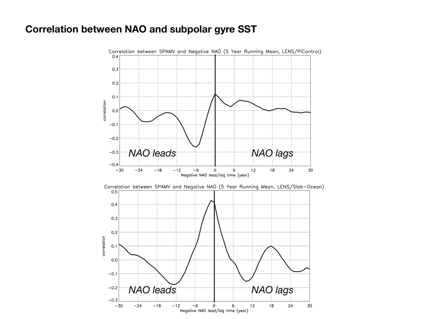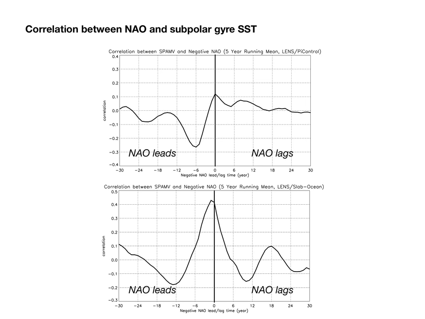The leading EOF comes out like that. It's actually a negative phase of the NAO. So what you're seeing here is a correlation between the negative phase of the NAO and the subpolar sea surface temperatures.